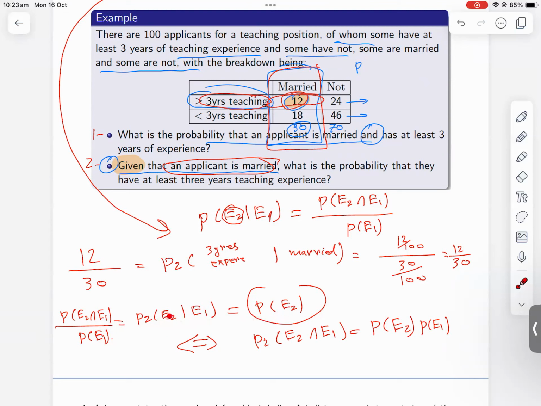From here, as a result, two events E2 and E1 are independent if and only if the probability of E2 intersection E1 is equal to the probability of E2 times the probability of E1. This is another definition of two events being independent.